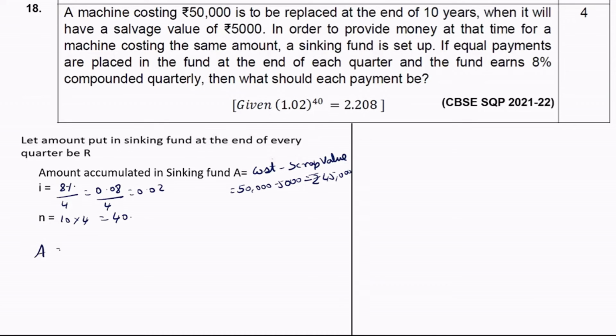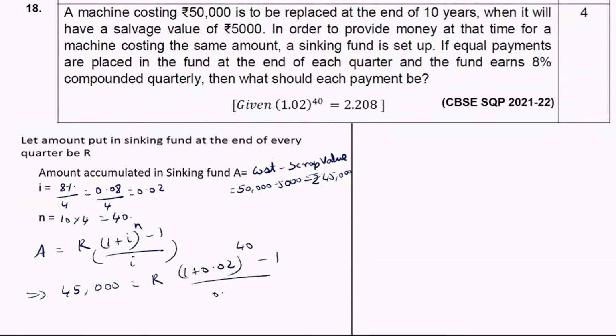So we have A is equal to R into (1 plus i) the whole raised to n minus 1 upon i. So this implies 45,000 is equal to R into (1 plus 0.02) the whole raised to 40 minus 1 upon 0.02.